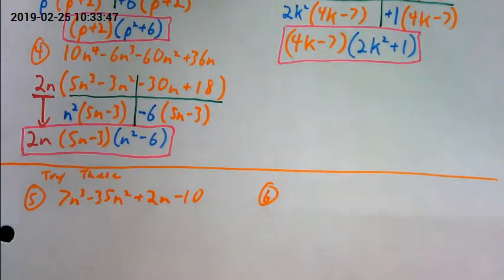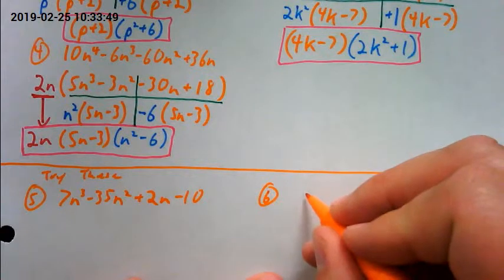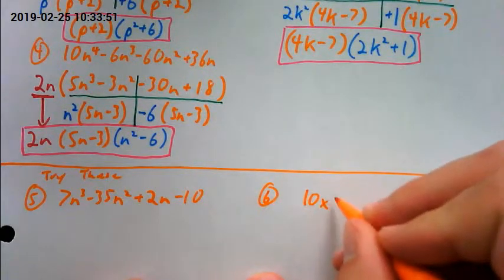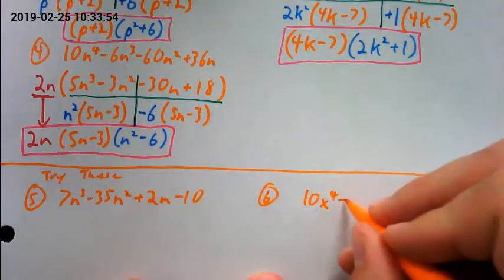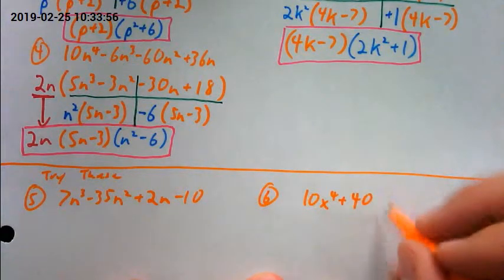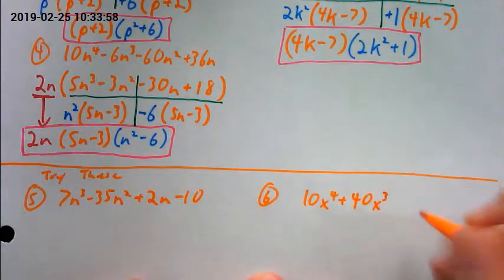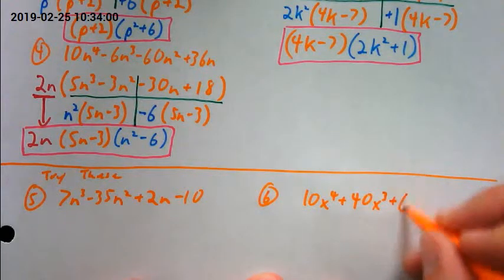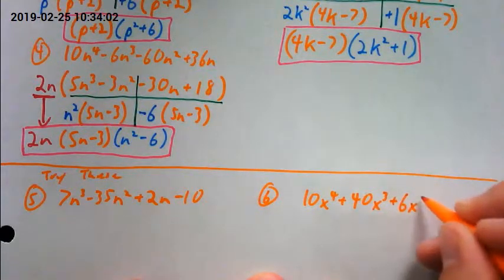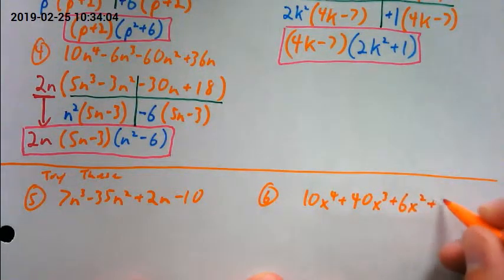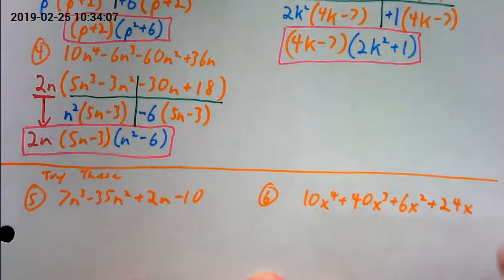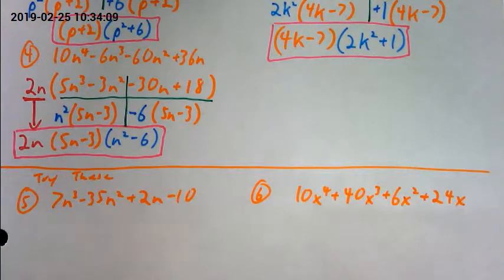For number 6, the other one that I want you to try, we're going to have 10x to the fourth plus 40x to the third plus 6x to the second plus 24x. So again, those are the 2 I want you to try. So take a moment, try them on your own, and then I'll show you the answers.